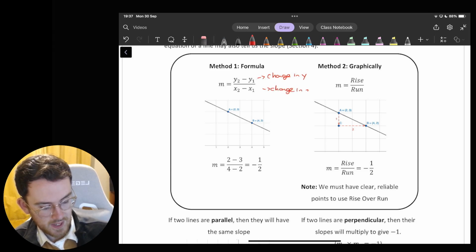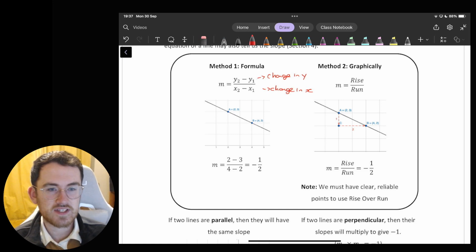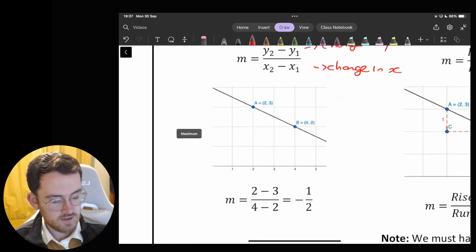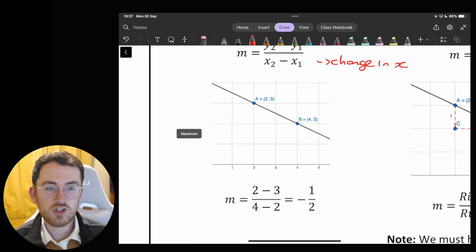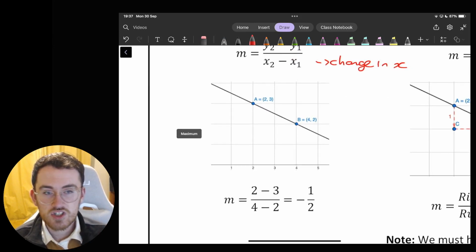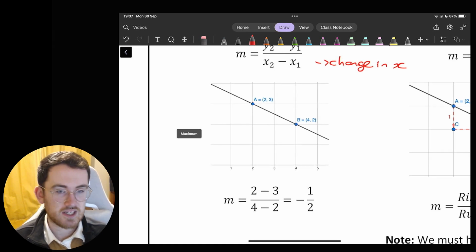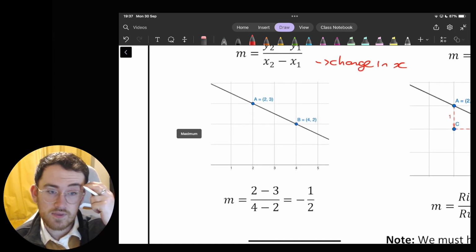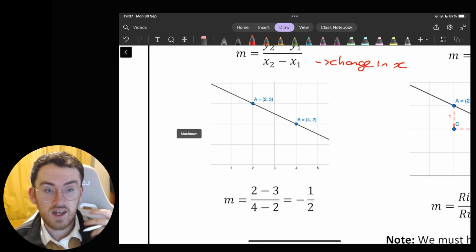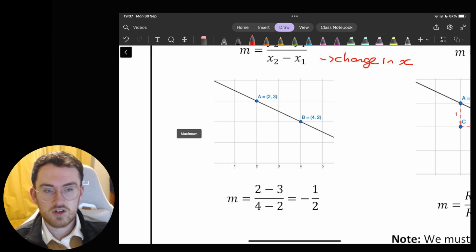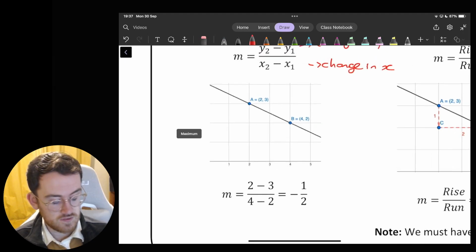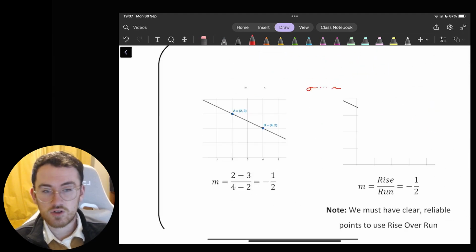So we're looking at how the y coordinate changes and how the x coordinate changes. Looking at the diagram we have here, it goes from 2, 3 to 4, 2. For the y coordinate, I've gone from 3 to 2, so I've gone down minus 1, and then for the x coordinate, 4 minus 2, I've changed by 2. So a slope of minus 1 over 2, just filling in my points as we would do normally.